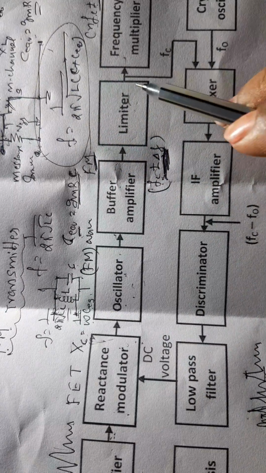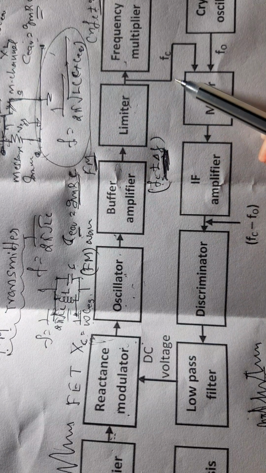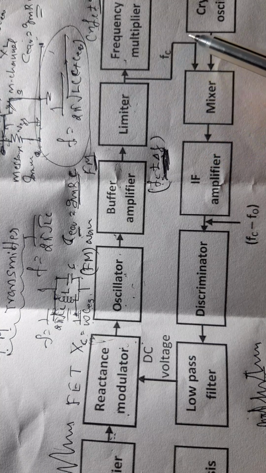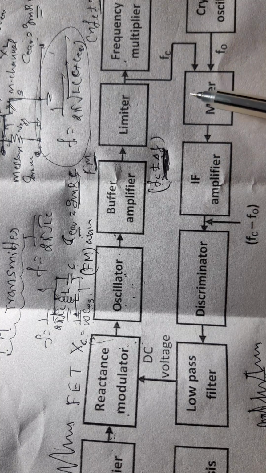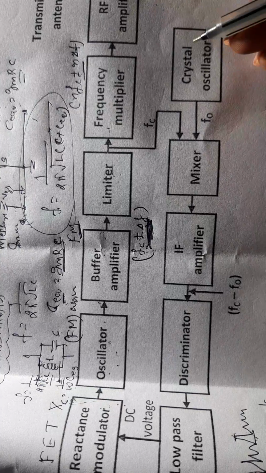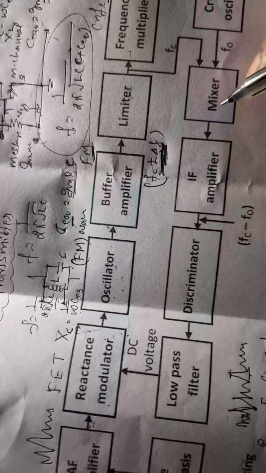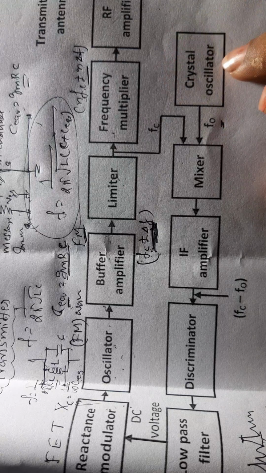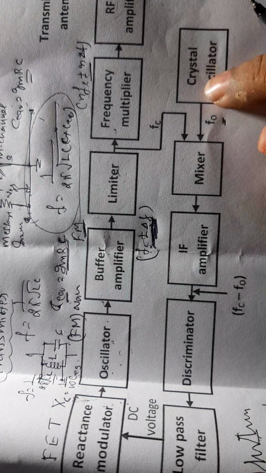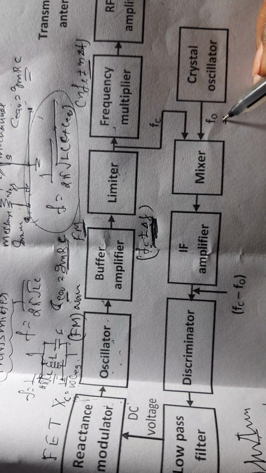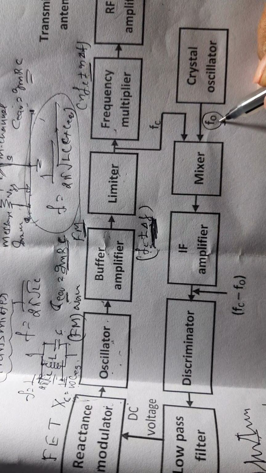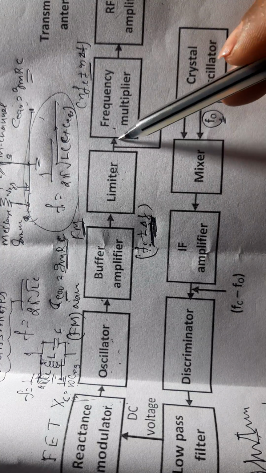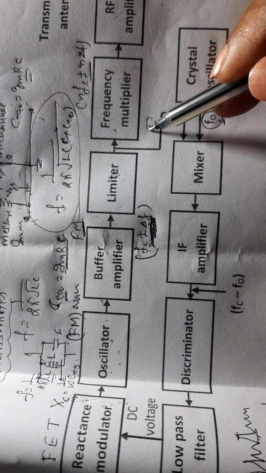See, the output of the limiter: a part of this is taken and applied to the mixer, and you can create some frequency, say f0, locally. It is an oscillator called a crystal oscillator. This produces oscillations. I will call the frequency of oscillation f0, whereas the frequency of this limiter is fc, the carrier frequency.